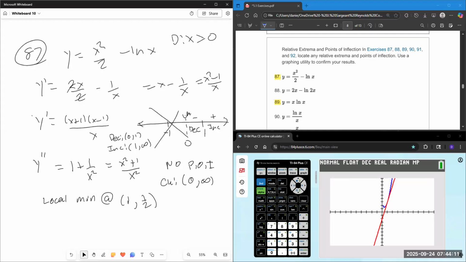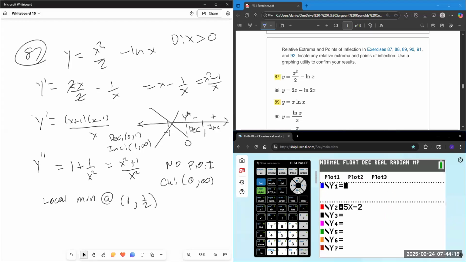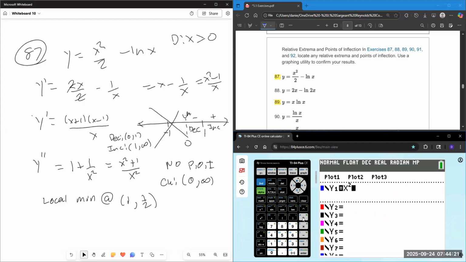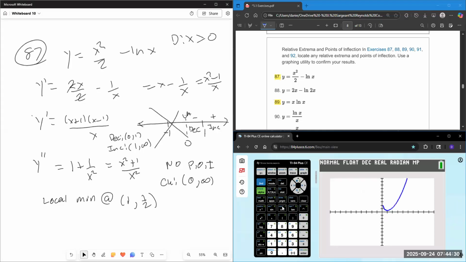Let's verify this with the calculator now. So y equals, clear and clear, and this is x squared divided by 2 minus ln of x. I want to graph, and I want to see that it's decreasing from 0 to 1 and then increasing from 1 to infinity.